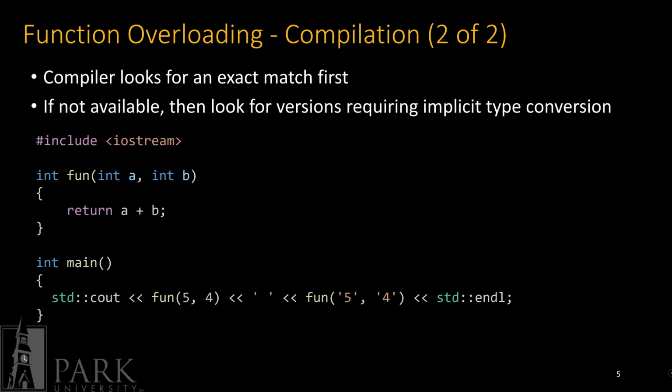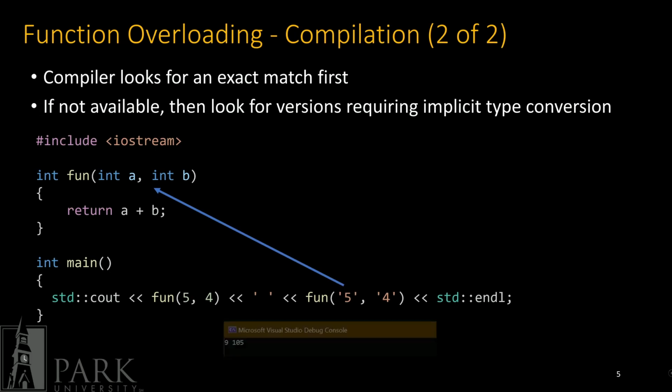If there is no exact match, such as here where we only have one int version of the function, the compiler will then do implicit type conversion. Okay, so the second call here will be matched to the int version, and the arguments char 5 and 4 will be converted to their ASCII values first before invoking the function.